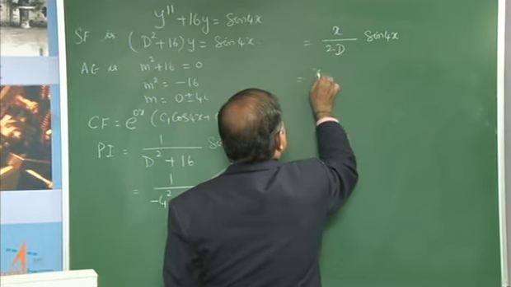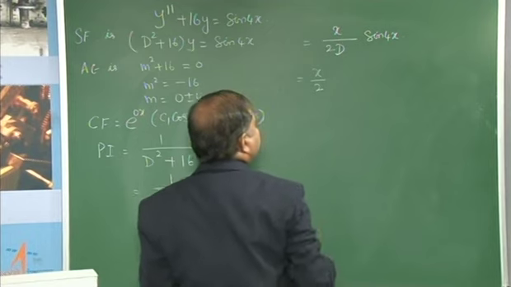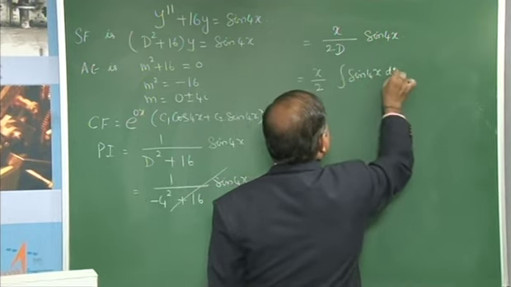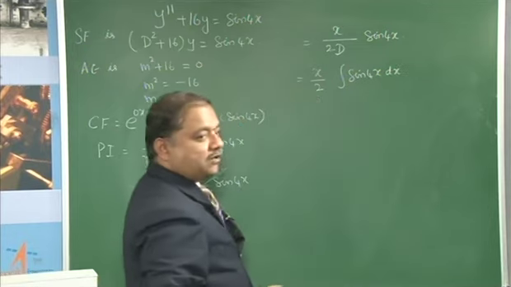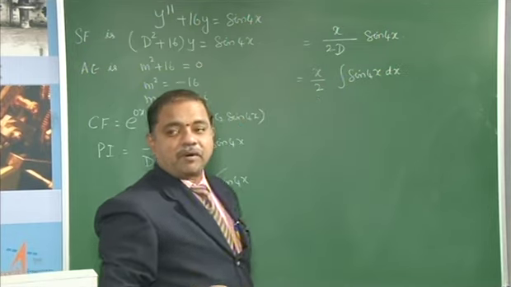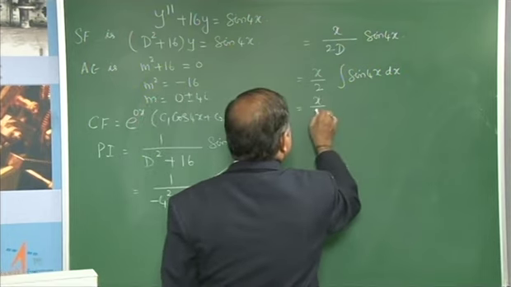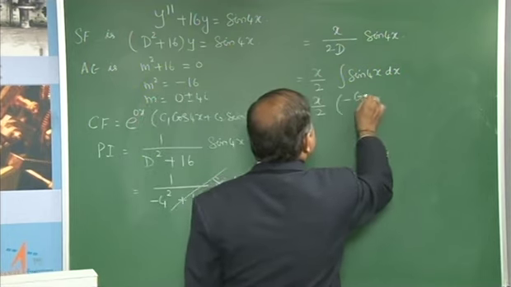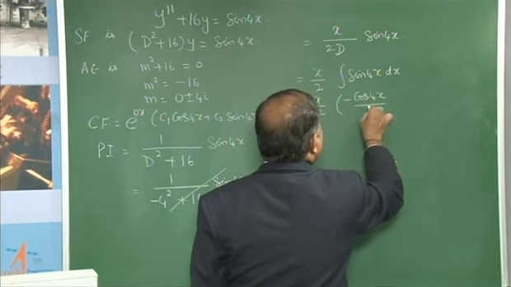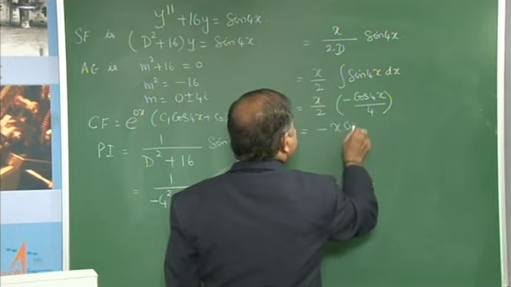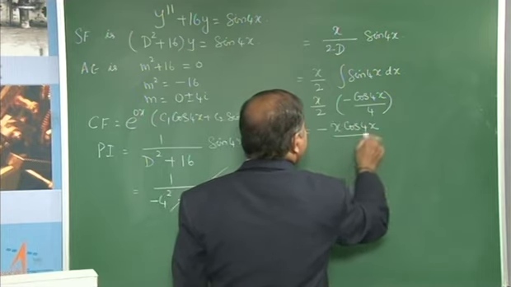I am using the easiest part only, x by 2. 1 by d means it is integration. Be careful that x will not come into the integration part, only sin 4x. What is the integration of sin 4x? Minus cos 4x by 4. So, minus x cos 4x by 8.